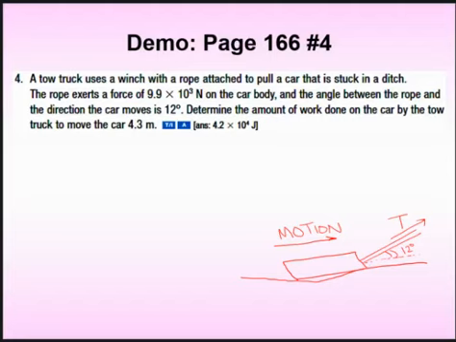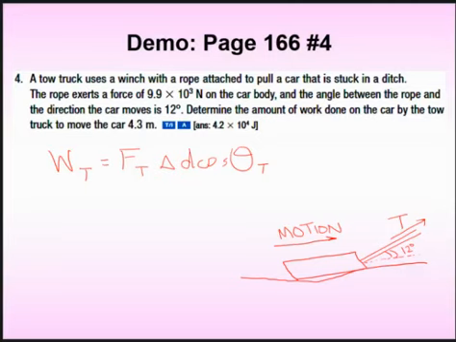Okay? Let's start with the equation. WT equals, let me read the question. Determine the amount of work done on the car by the tow truck or by the tension force. So FT delta D cosine theta T. Okay. What's the force applied by the tension?